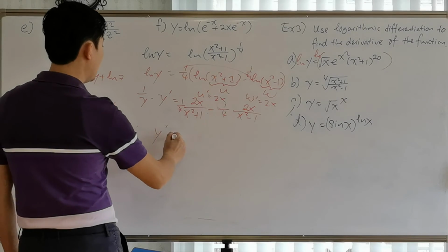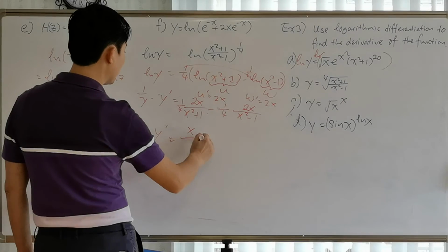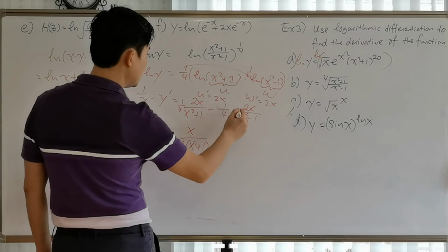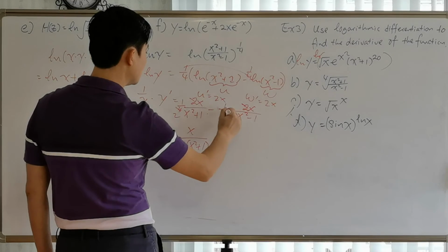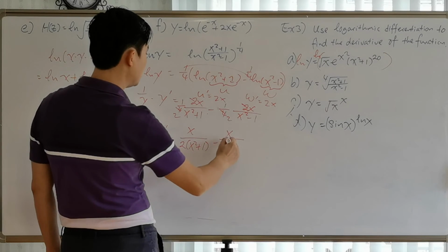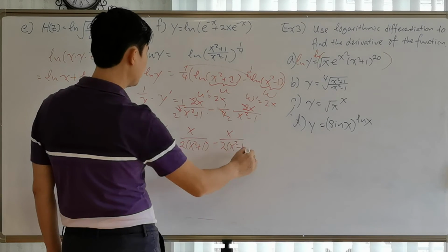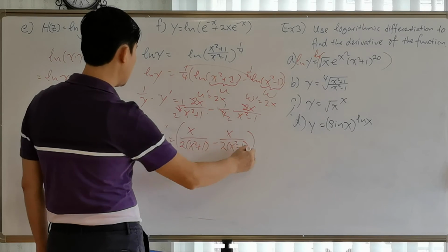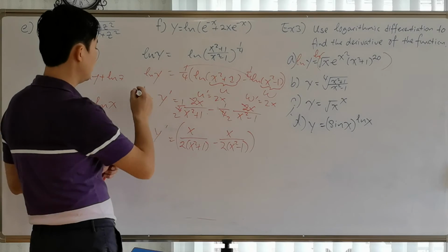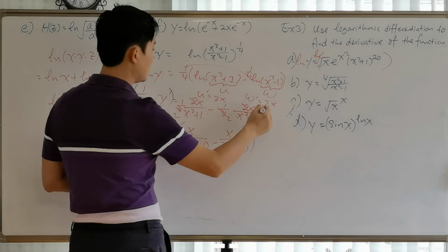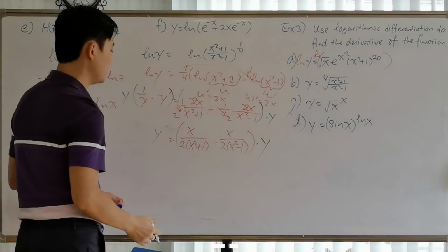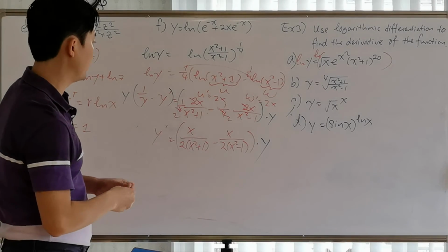Therefore y prime equals x over 2 times the quantity x squared plus 1, minus, again, this one just cross cancels, x over 2 times the quantity x squared minus 1, and then this whole quantity times y. Okay, so that's a lot of quantity here. Times y. Again, that would be the final derivative.